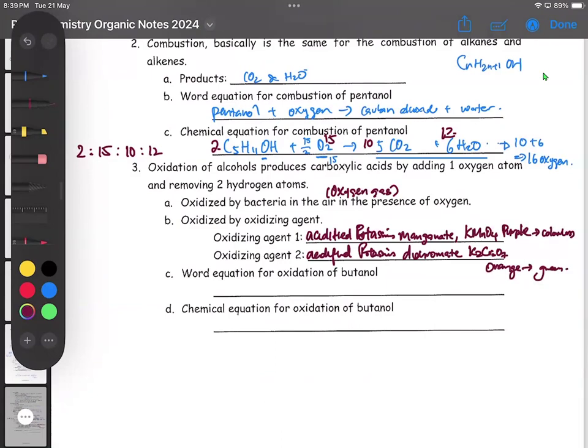So during the oxidation process, we convert it to butanoic acid, and water is also produced at the end.